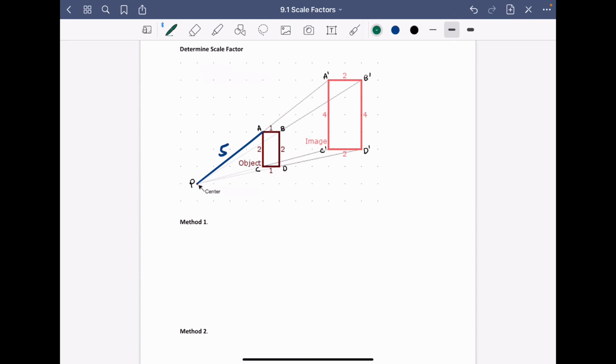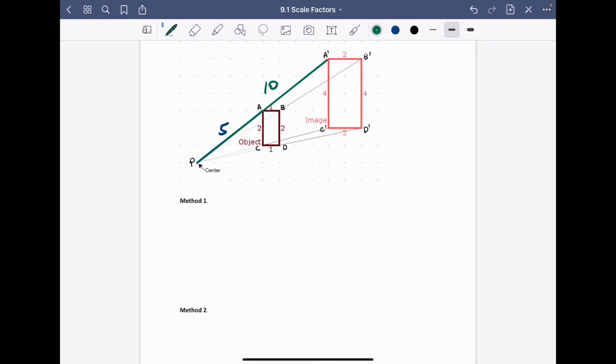And from my center to A prime, this is 10. The distance between my center and A prime is 10. The distance between the center and A is 5.